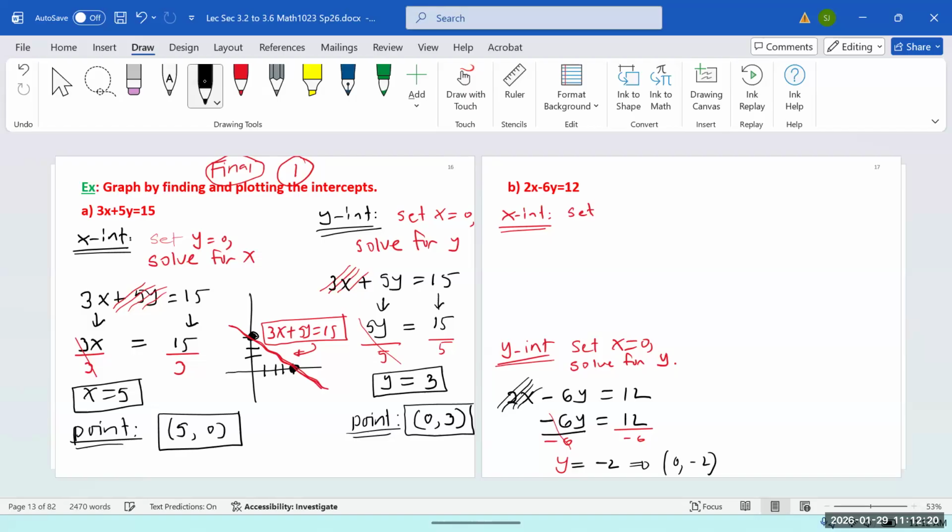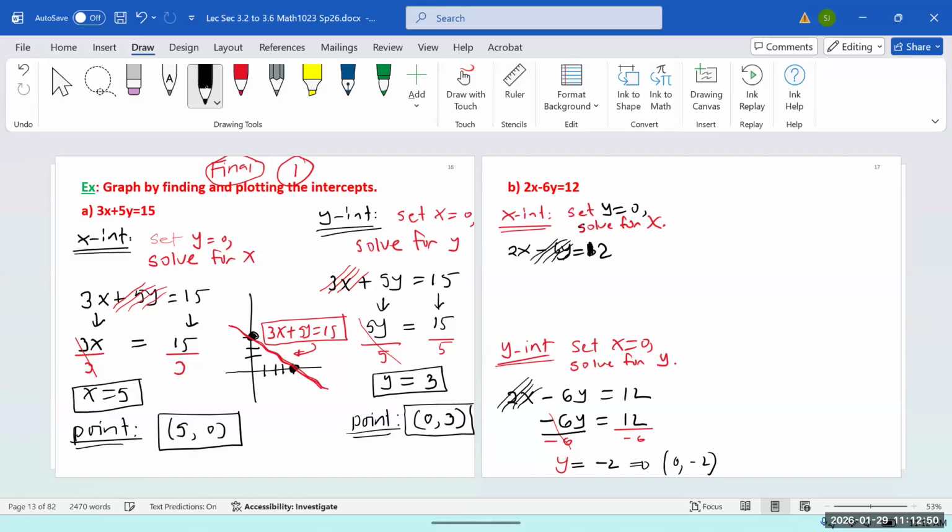Perfect. And would you also like to try x? Okay. Same thing with what we did, however, now y would be 0. Set y to 0 and solve for x. So we remove y.